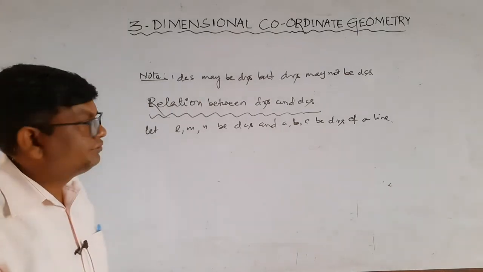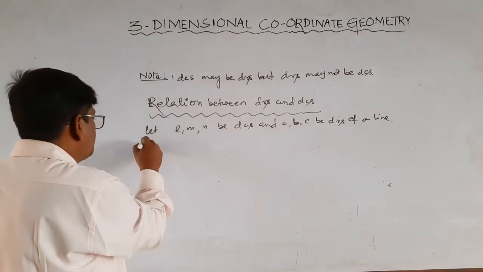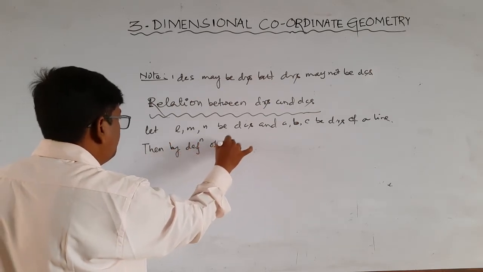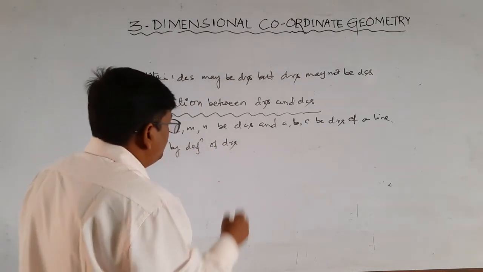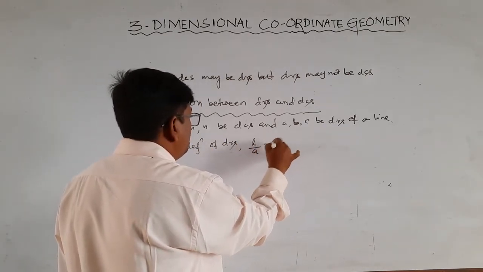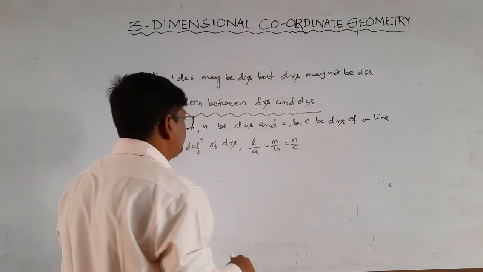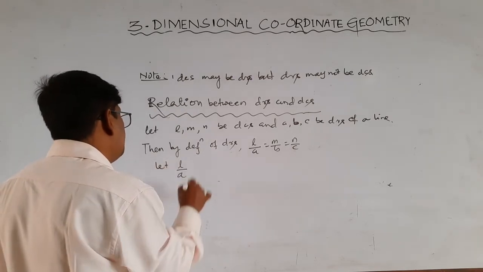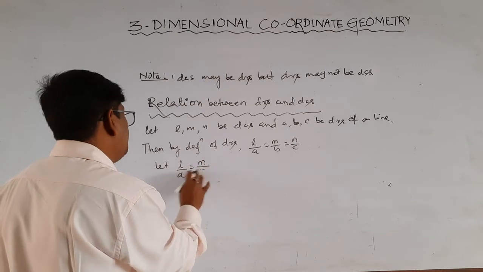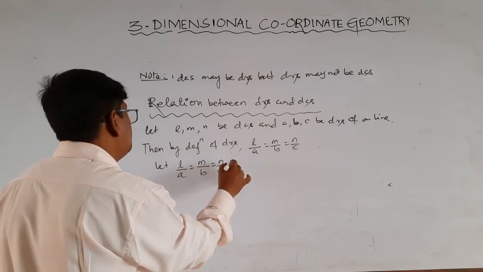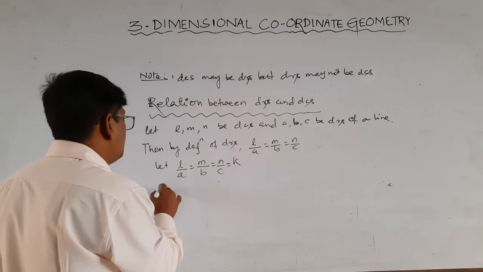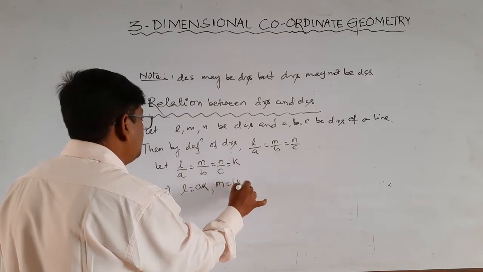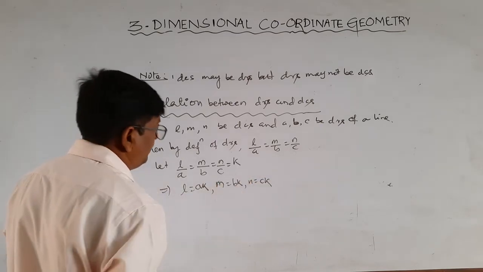Then by the definition of DRs, l by a is equal to m by b is equal to n by c. Suppose this is k. Now l is equal to a into k, m is equal to b into k, and n is equal to c into k.